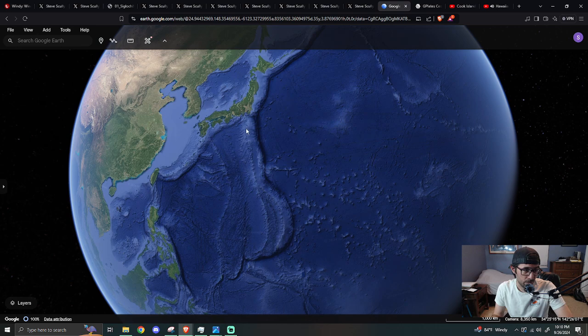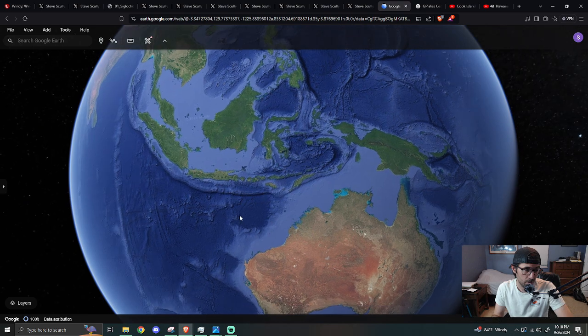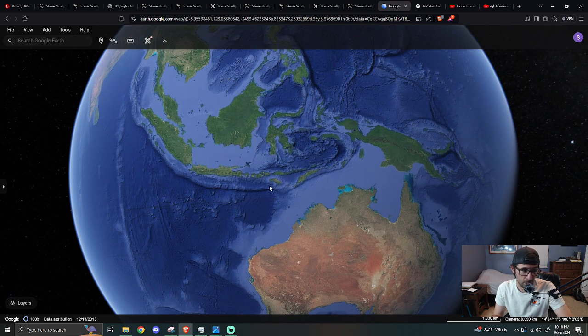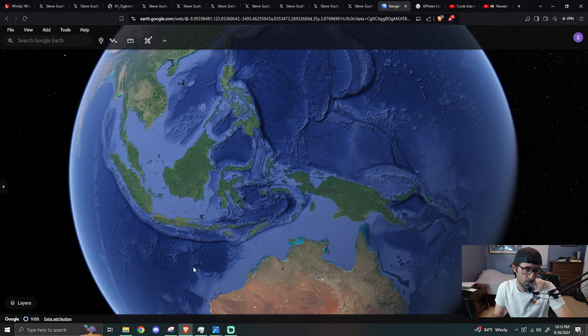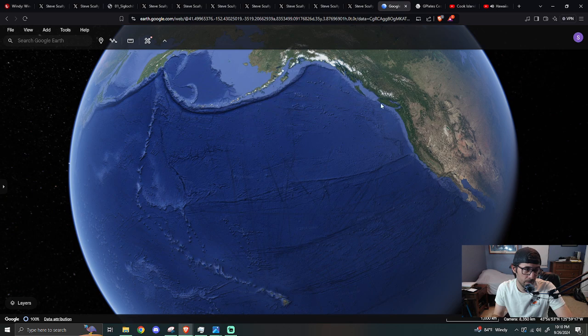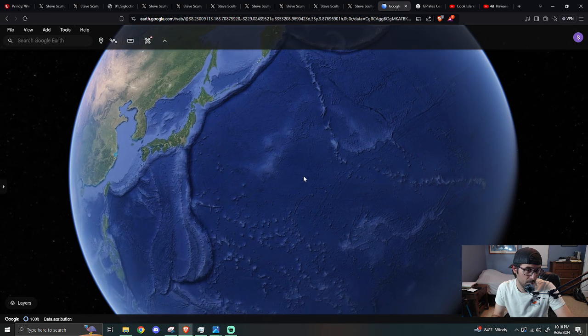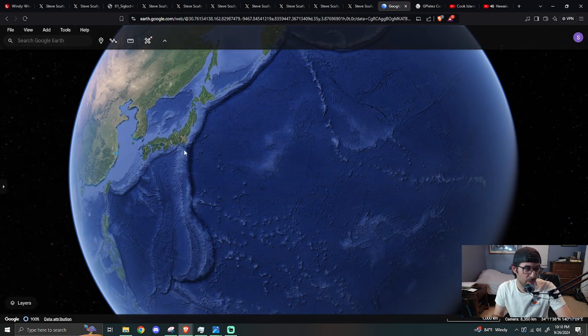Off of this point though was the Philippines attached to Australia down here, which was then rotated all the way over and attached over here, which was then all atop this region right there. In a very early stage.